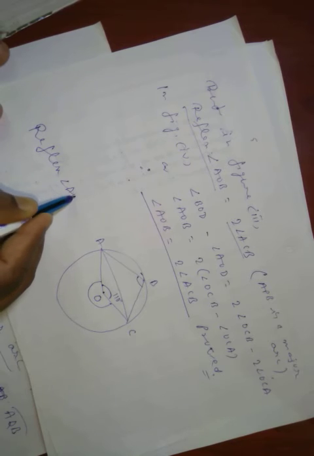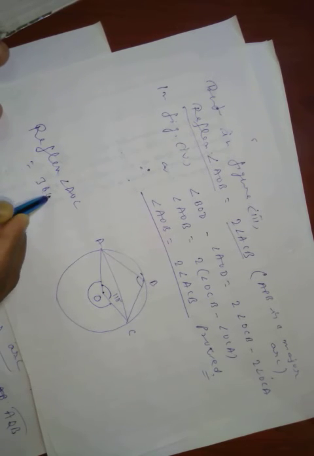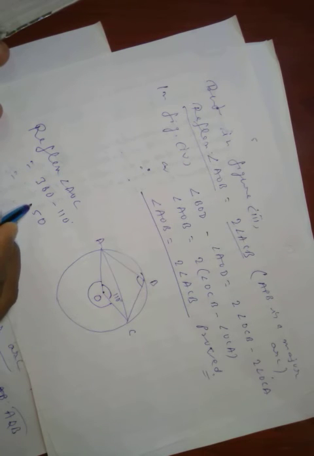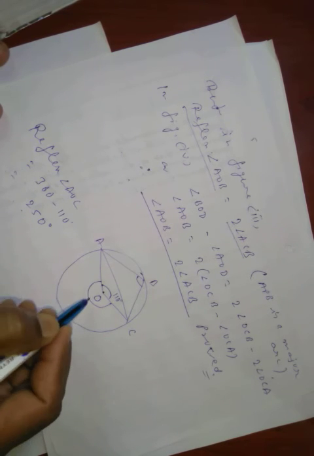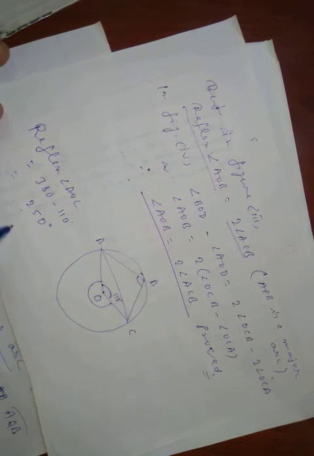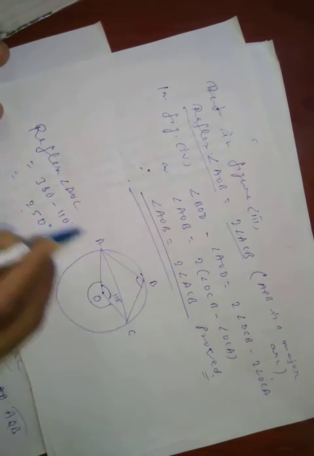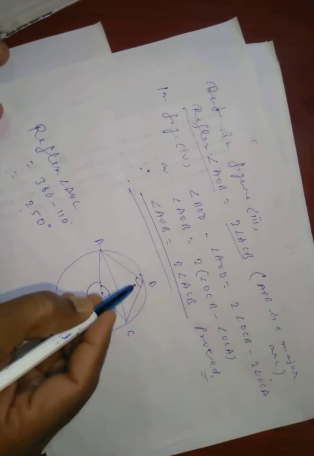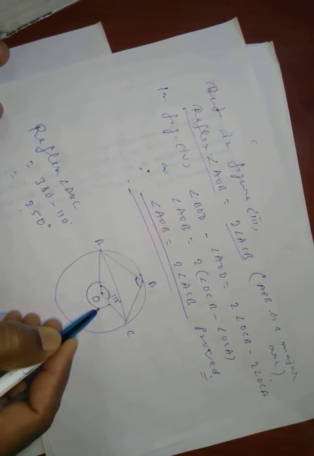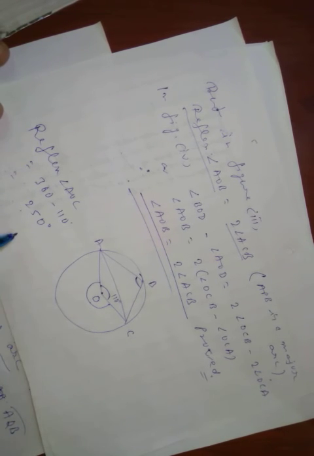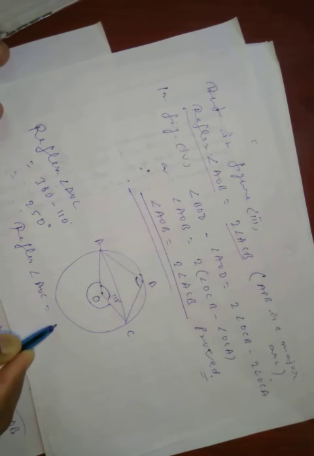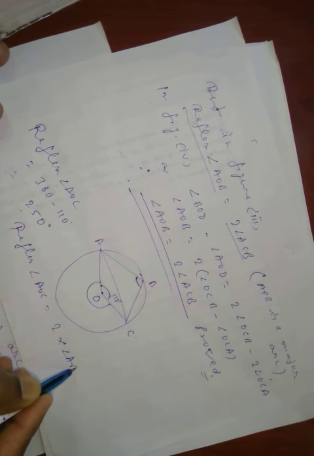Reflex angle AOC will be equal to 360 minus 110 degrees, that is 250 degrees. By this same theorem, reflex angle AOC is equal to twice angle ABC.